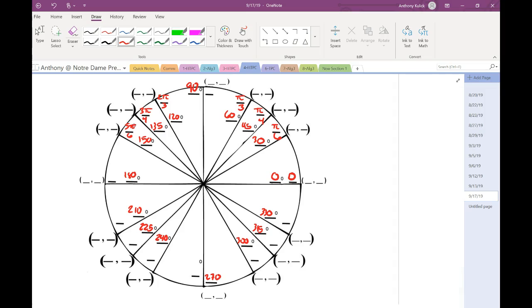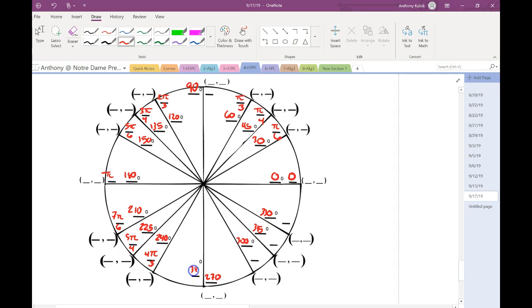It's also all on PowerSchool too, right? 210 is 7 pi over 6. 225 is 5 pi over 4. And 240 is 4 pi over 3. Oops, I forgot 180. That's pi.